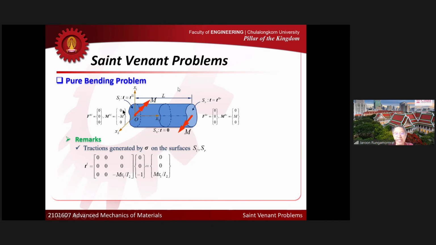So I need to apply traction in x3 direction as a linear function of x1, like this. Okay. The same thing for TR. I need to apply the traction at the right end in this form.